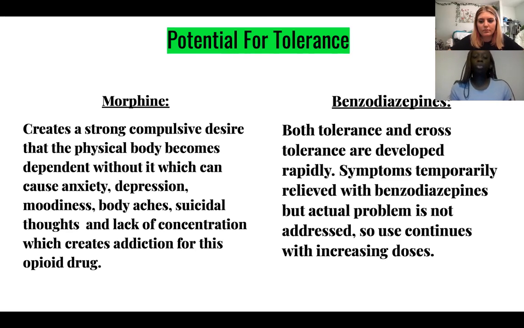But that is when people in nursing homes and in medical and healthcare fields have to be watchful if someone all of a sudden has mood swings out of nowhere, a lack of concentration, and their physical body really comes to depend on the drug. So it's like a compulsive need, basically. It's uncontrollable, like you must have it all the time, or you feel like you're just not going to get through.